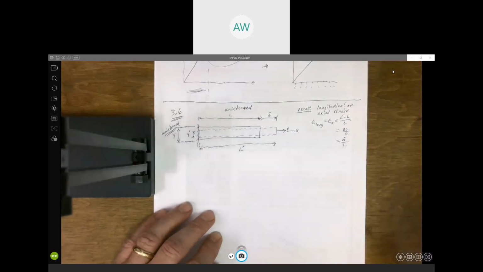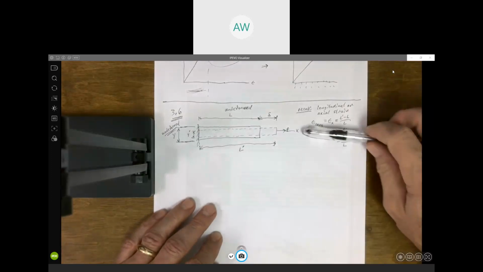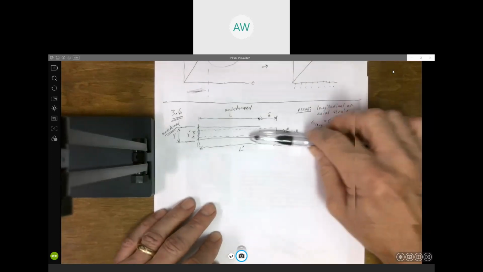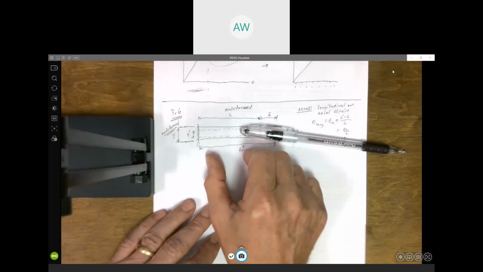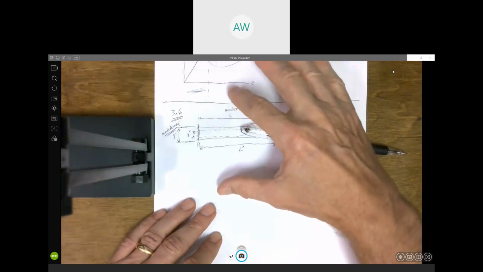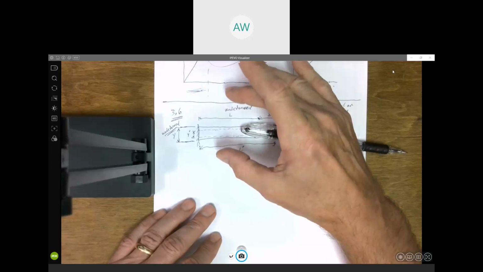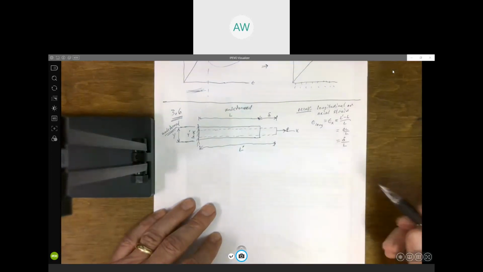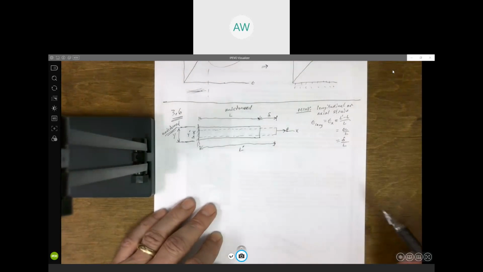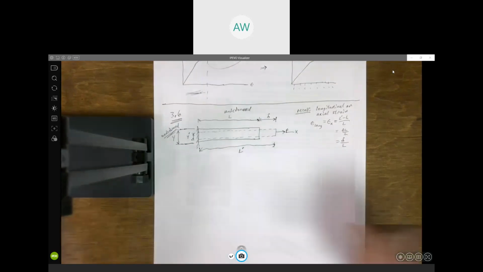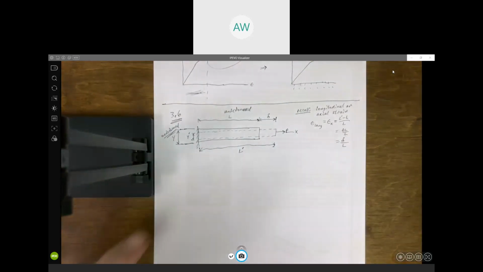Now, the converse is true. If you pushed it in this way and compressed it, it would get shorter in the longitudinal direction, and it would grow and get bigger in the lateral direction, in this case the vertical direction. That should be sort of intuitive. If you pull and stretch something, it's going to shrink a little bit in the lateral direction.